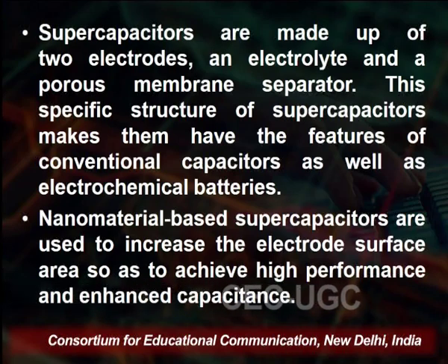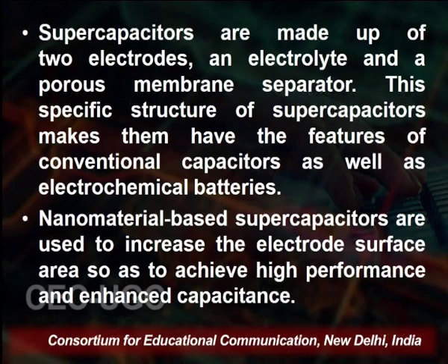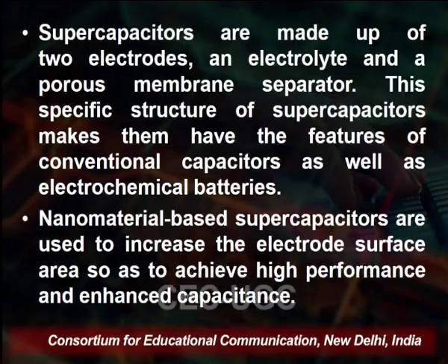Nanomaterial based supercapacitors are used to increase the electrode surface area so as to achieve high performance and enhanced capacitance. So what do we use? We use nanomaterials nowadays. One example is graphene, which is efficiently used to increase the electrode surface area so as to achieve high performance, and we can enhance the capacitance or capacity.